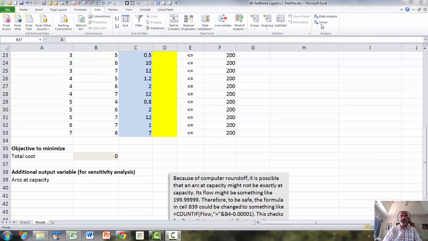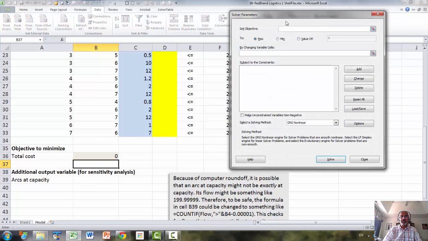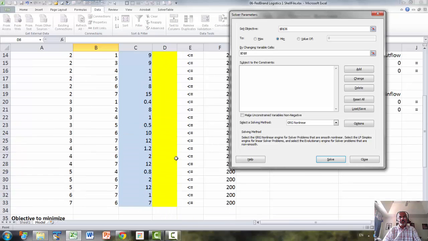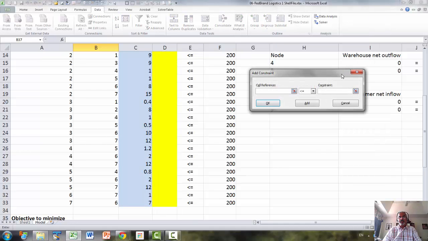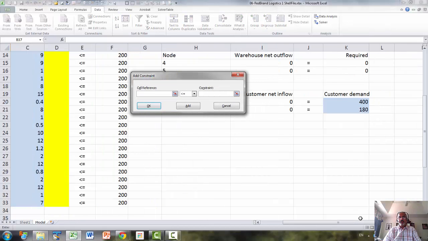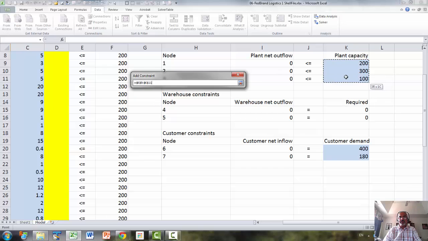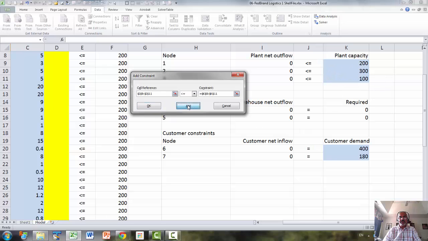Now let's run Solver. Total cost is the objective function. We want to minimize that. And flow is the changing cells. For the constraints, we have the net outflow for the origins must be less than or equal to the plant capacities.